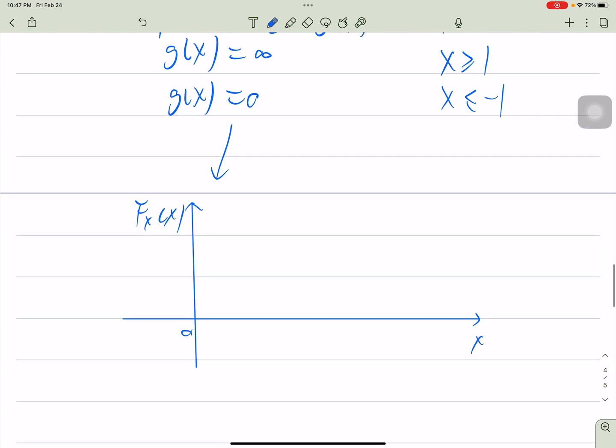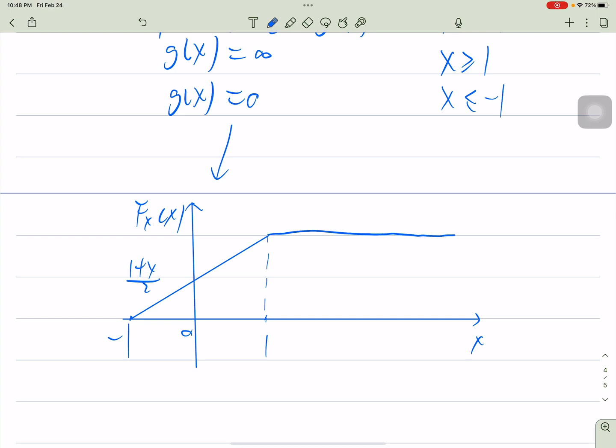So we can get that for x larger than -1 to 1, the capital F_X(x) should be (1 plus x) over 2, and it equals 1 for x larger than 1.